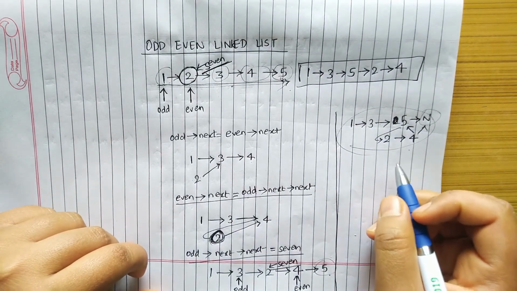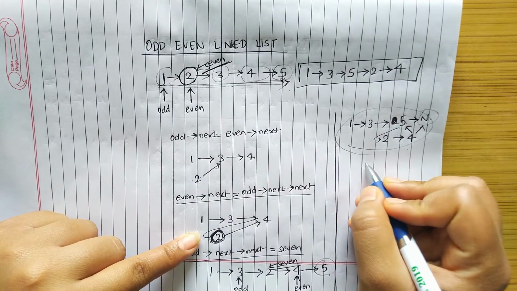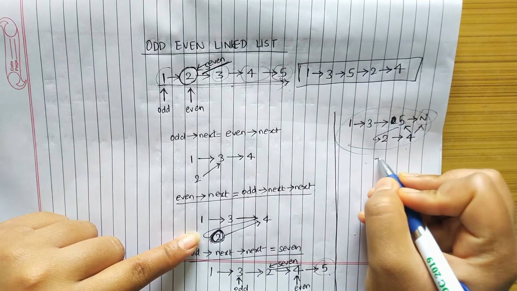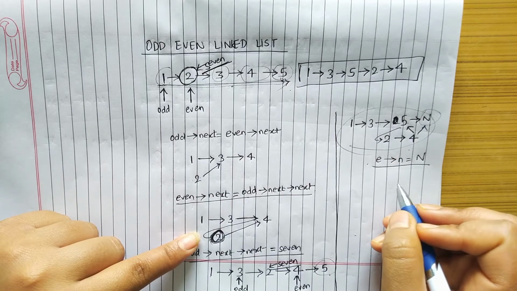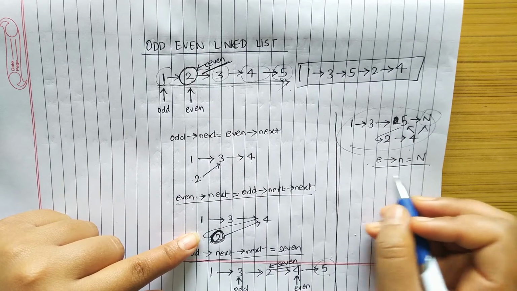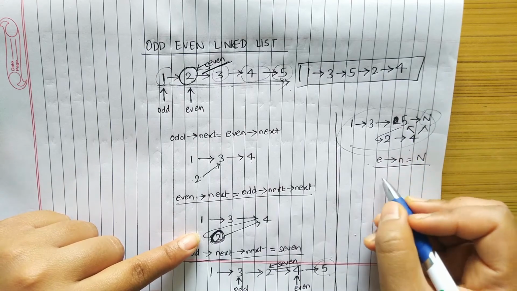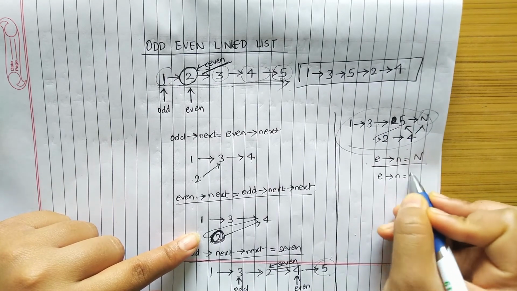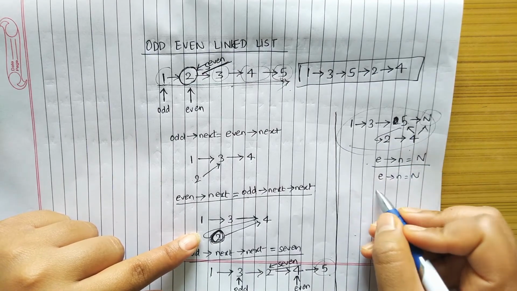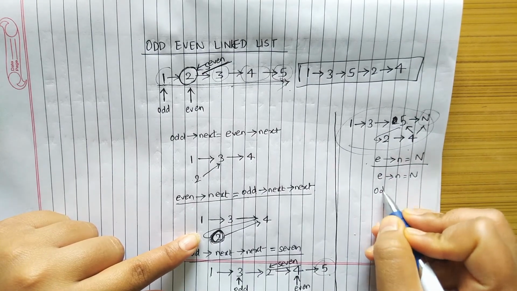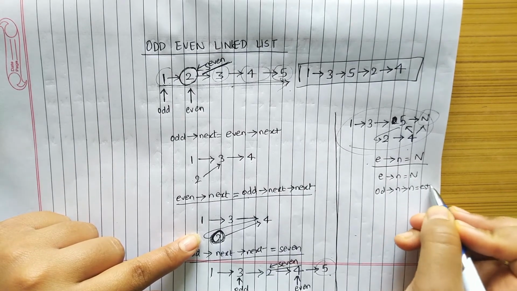So if even of next at any point is equal to null, that means that is the last node, and after connecting odd there is nothing else we can do. In such a case, we make even of next null, and then make odd of next of next as even start.